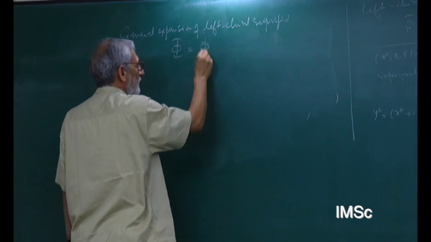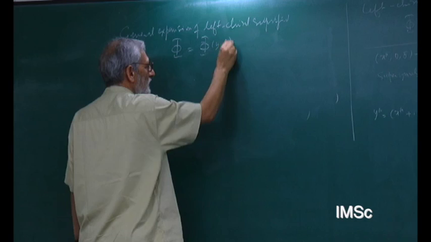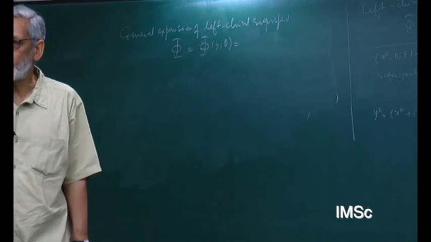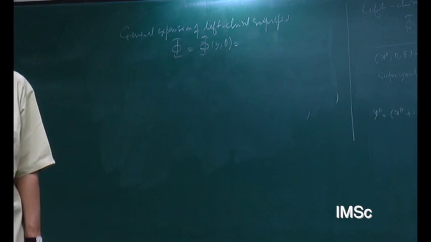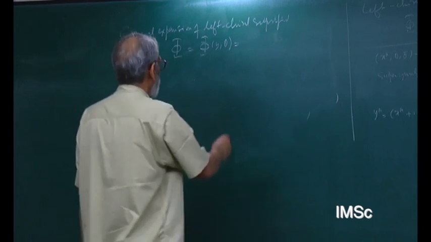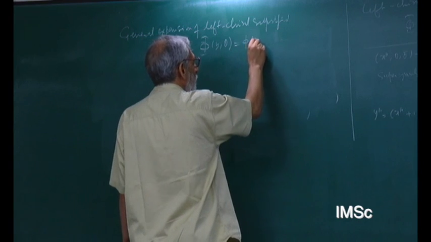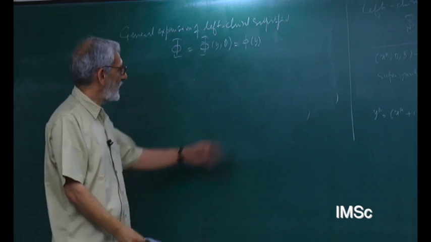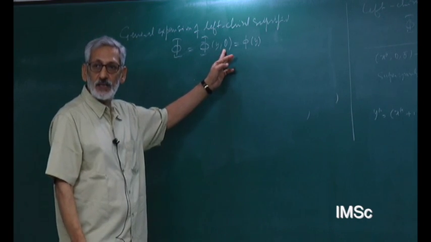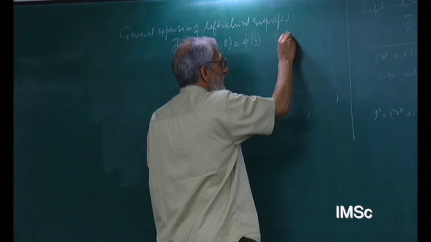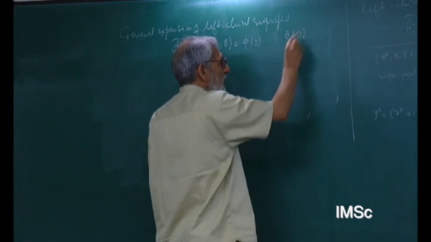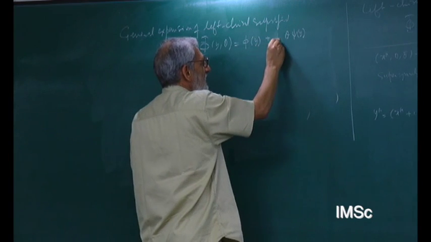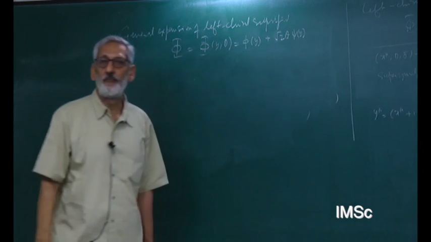Phi, we said phi is a function of only y and theta. So it could have a component which is independent of theta. So we call it small phi, and that would be a function of y. Then it could have a component containing theta, so we'll call it theta psi y, and just sneak in a normalization of root 2 here.